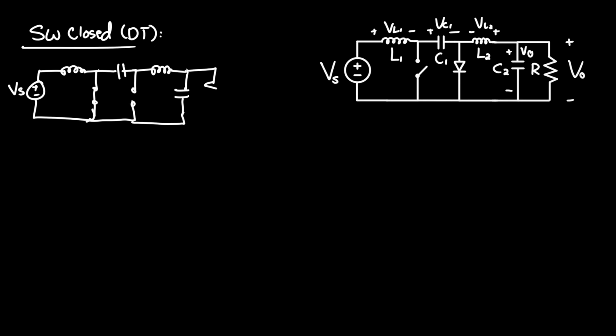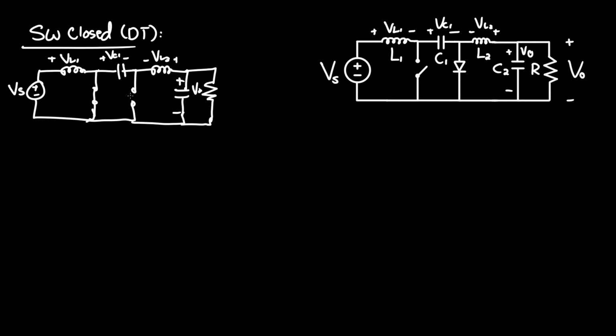And the output resistor and capacitor can stay the same. We'll put Vout over here, and VL2 will be the same orientation as before. And I don't believe it matters, but you can actually change the orientations as long as they're consistent throughout the entire system of equations.